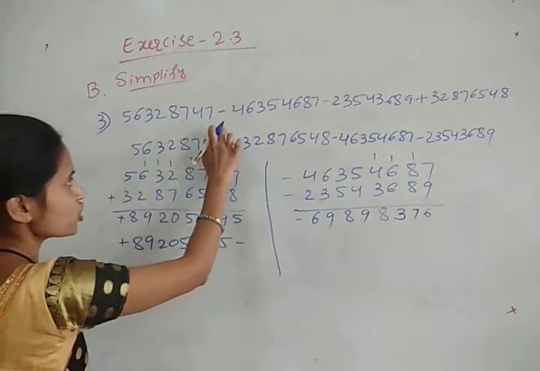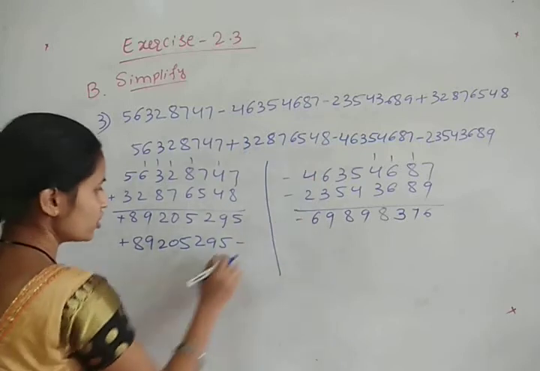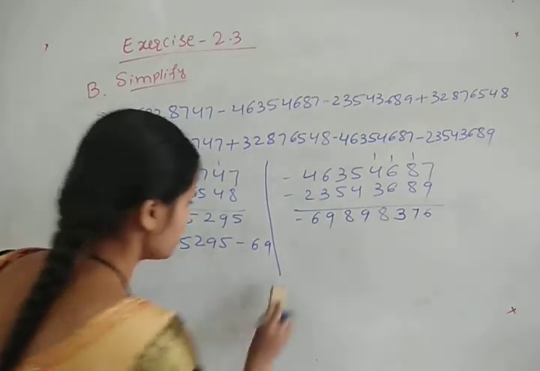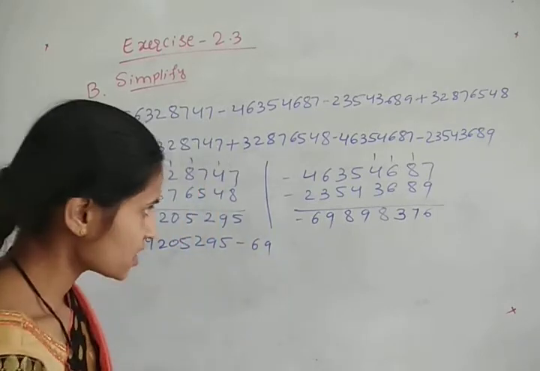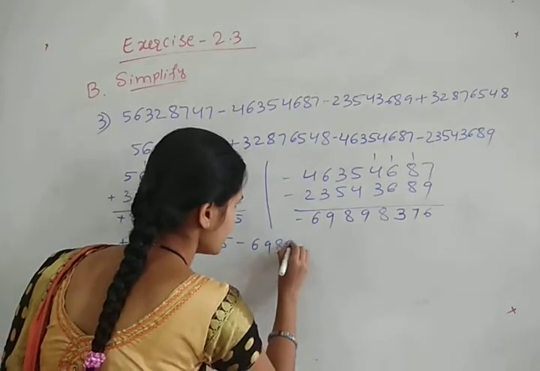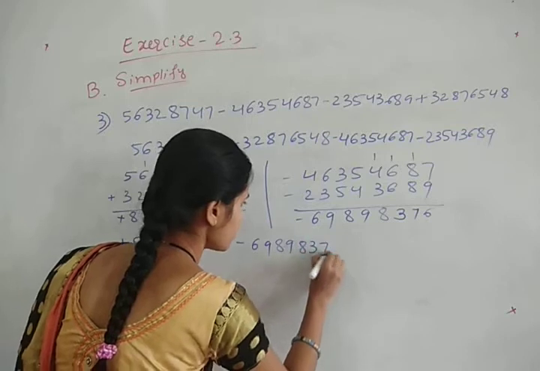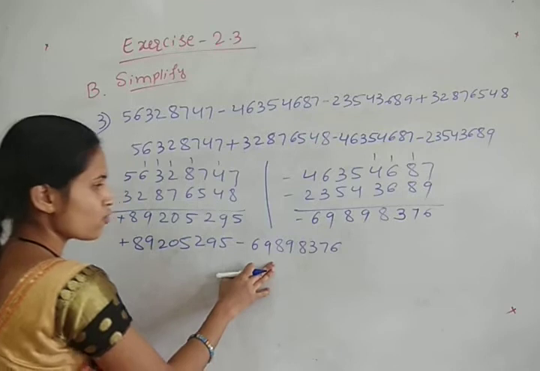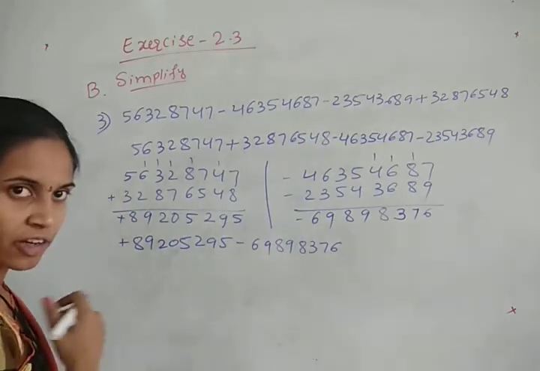So this is the question. After doing this calculation, you please write like this: 69898376. From this number, if you subtract this one, what you will get? That will be your final result.